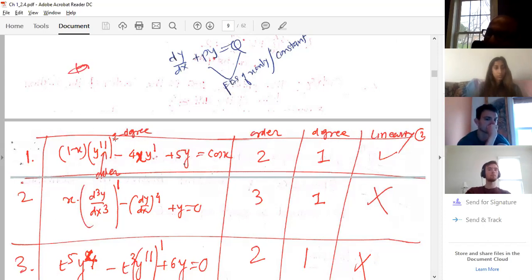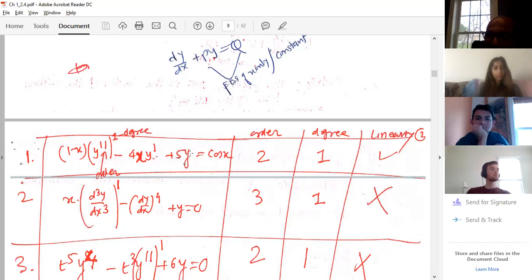What can you say about the linearity? Two conditions. y and y dash should not multiply together. y double dash is there, but there is no other y or y dash with it. y dash is there without any other y's, and y is there without any other y or derivatives.